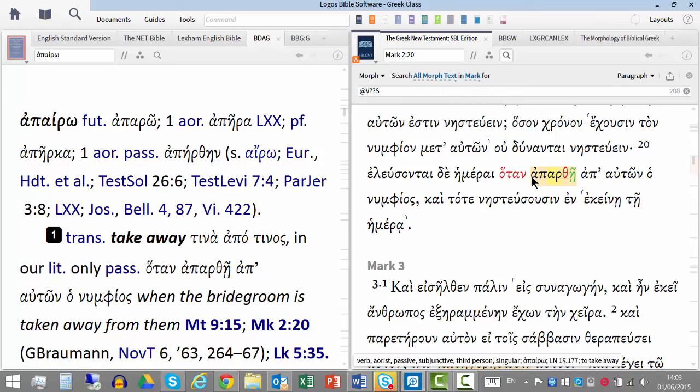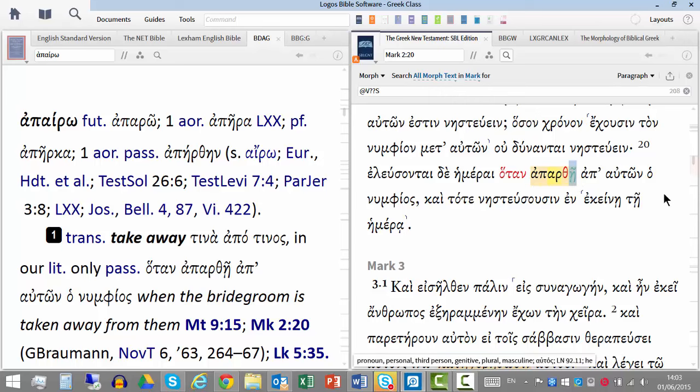And here it is, when he might be taken away. How do I know it is aorist passive subjunctive? Well, theta is the telltale for the aorist passive, and that, the lengthened connecting vowel, is the telltale sign or diagnostic for the subjunctive.